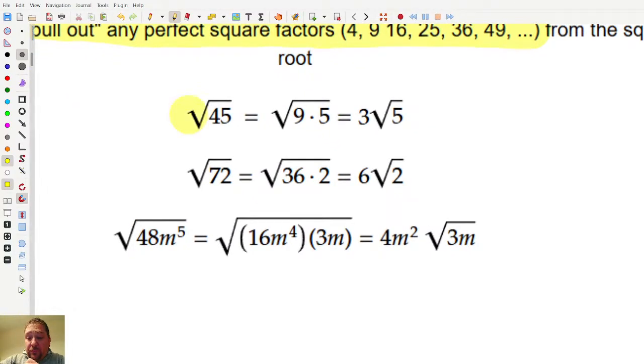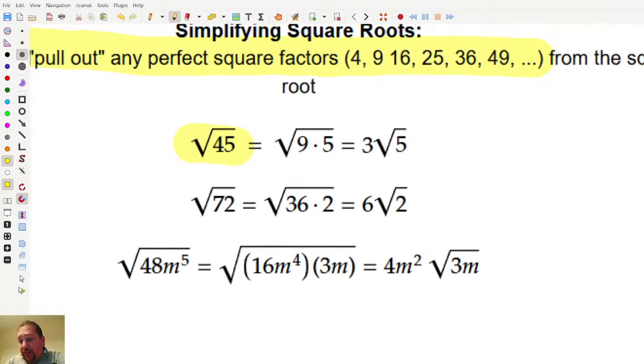So in this example, square root of 45, when we refer back to that list of perfect square factors up top, we can recognize that 9 times 5 makes 45, and 9 is a perfect square factor, so this is going to lead us somewhere.